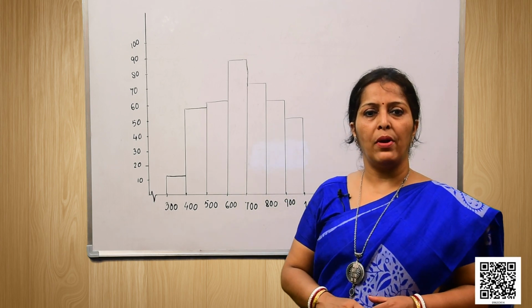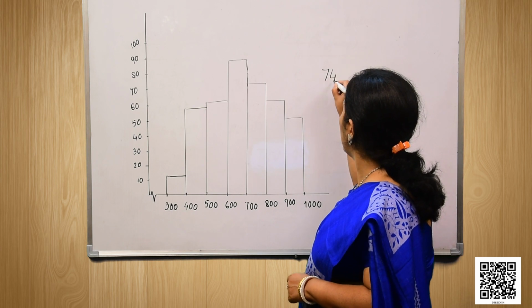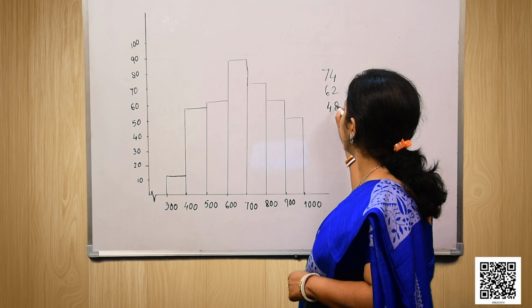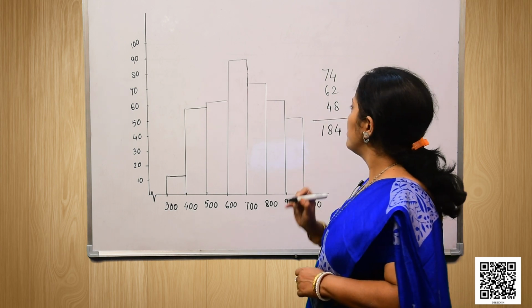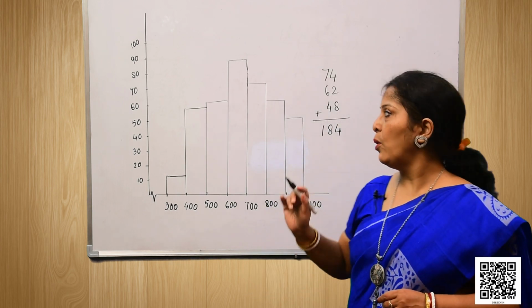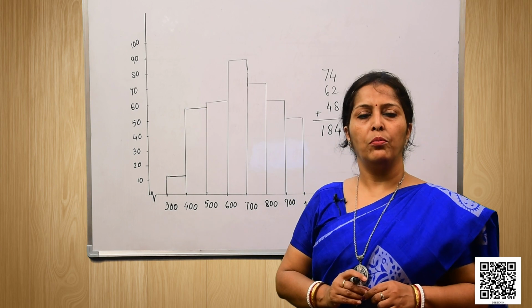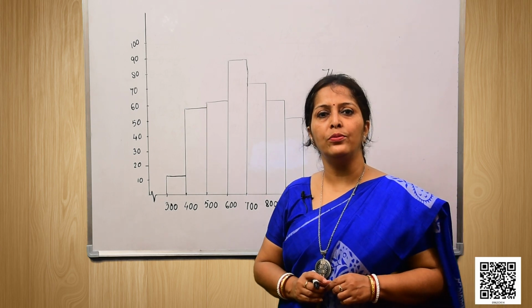So the total number will be 74 plus 62 plus 48, which comes to 184. So, we can say that a total of 184 lamps have a lifetime of more than 700 hours. I hope this is clear to you.